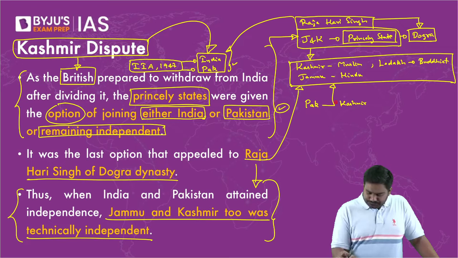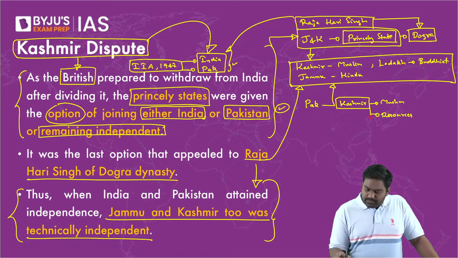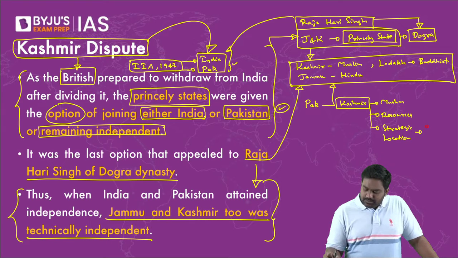Given that Kashmir was a Muslim dominated region, blessed with resources, and it has a strategic location because J&K would be a connection to China and Central Asia. Right?